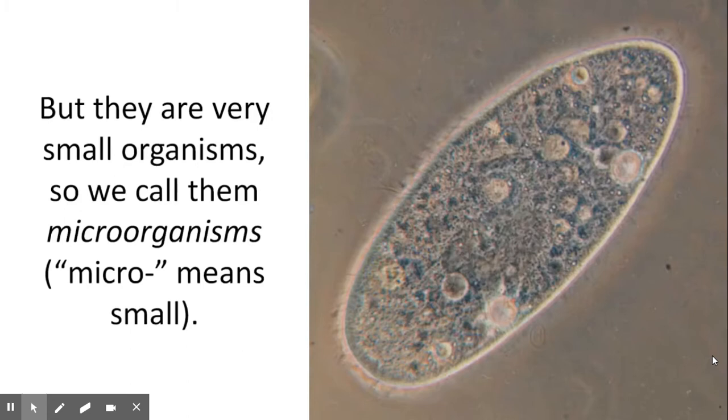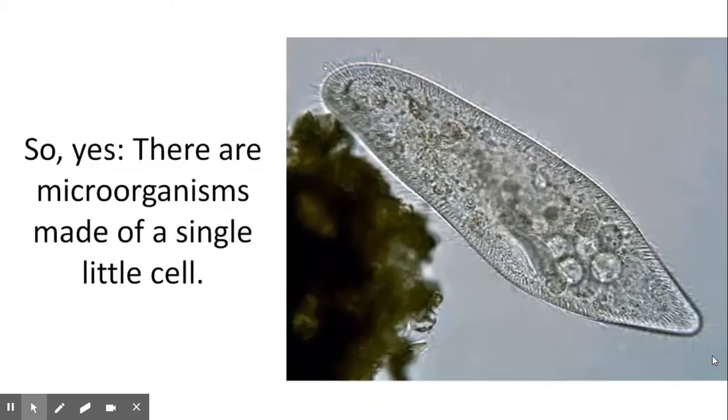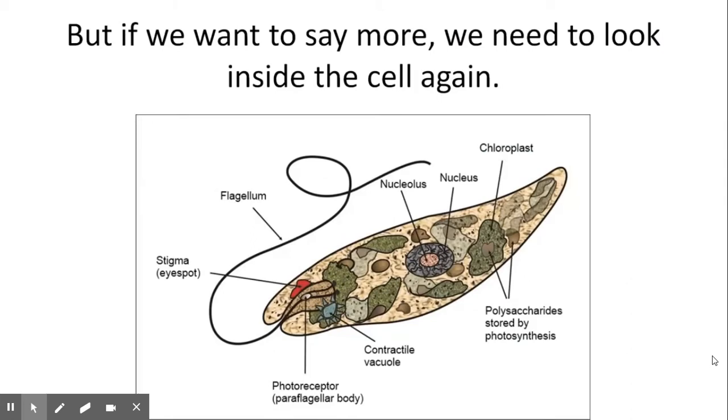But they are very small organisms, so we call them microorganisms. Micro means small. So, yes, there are microorganisms made of a single little cell. But if we want to say more, we need to look inside the cell again.